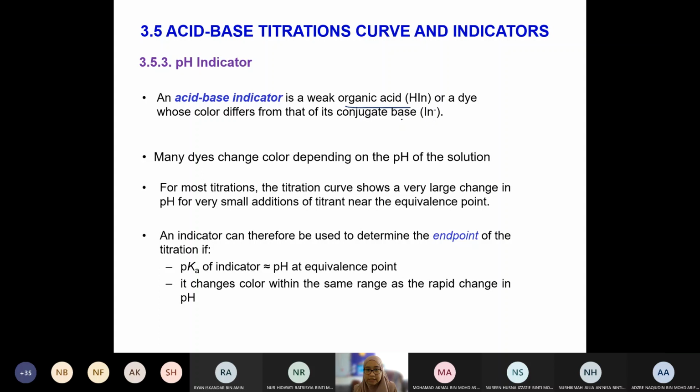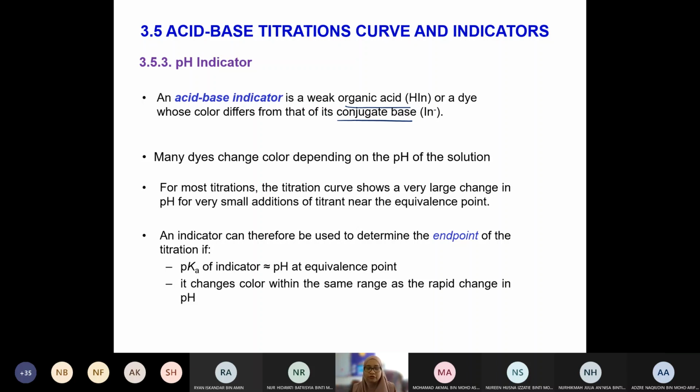Maybe you are familiar with phenolphthalein, thymol blue, litmus. These indicators are actually weak acids. Bila dia weak acid, when it dissociates, it produces conjugate base.